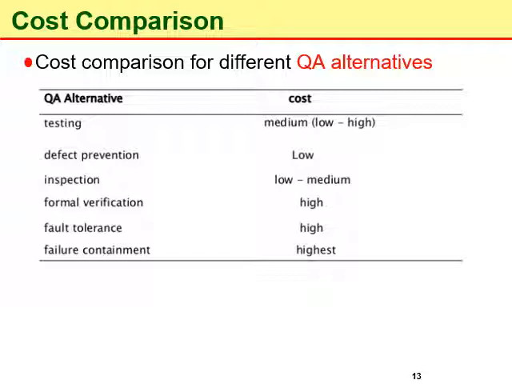The comparison of the applicability, the effectiveness, and costs of these quality assurance alternatives that we just discussed in this lecture can help software professionals select the appropriate quality assurance alternatives and related techniques, so that they can tailor or integrate those techniques from the perspective of their specific applications.